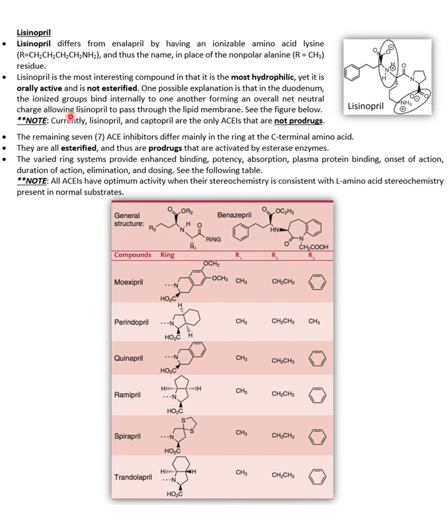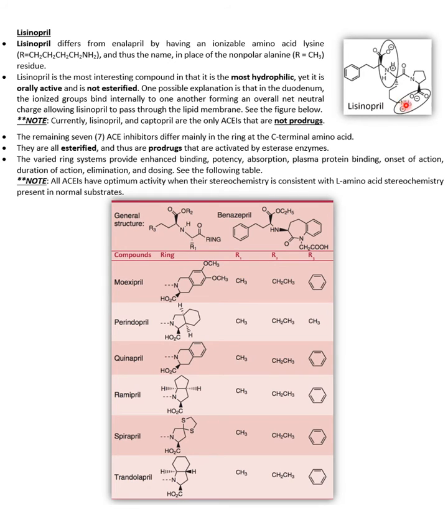The next example in this class is lisinopril, which is different by adding a lysine amino acid here, which is the reason why it's called lisinopril, because it has lysine. What's interesting about this molecule is that although it is more hydrophilic, by adding a lysine group you have the positive charge.